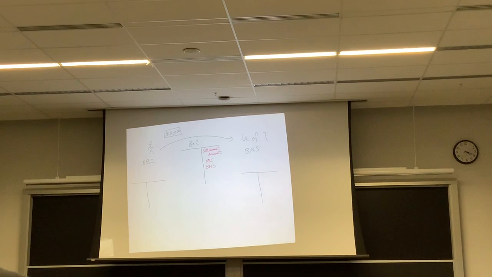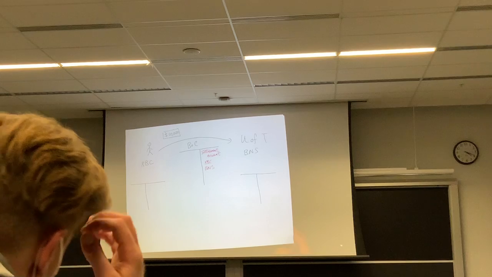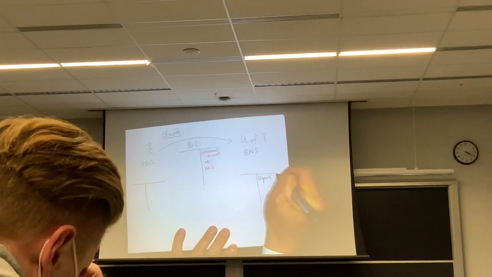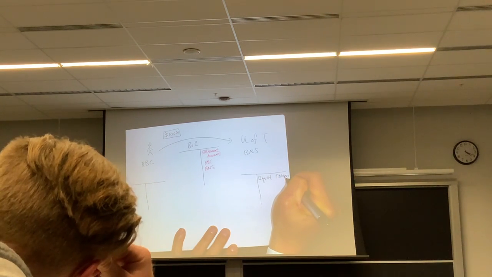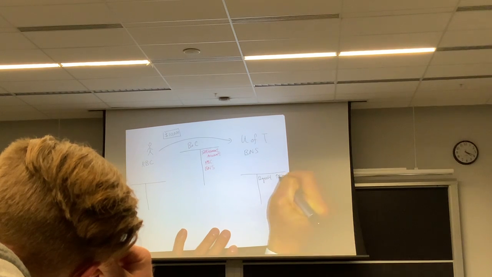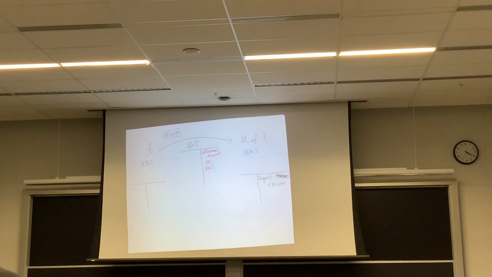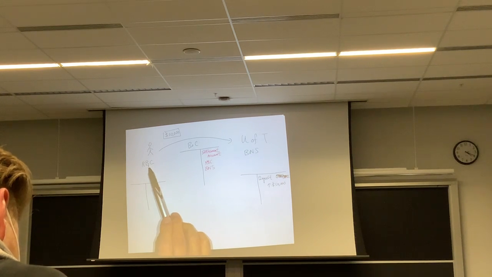Now, when U of T receives your $10,000 check, U of T will deposit it, so its account will go up by $10,000.